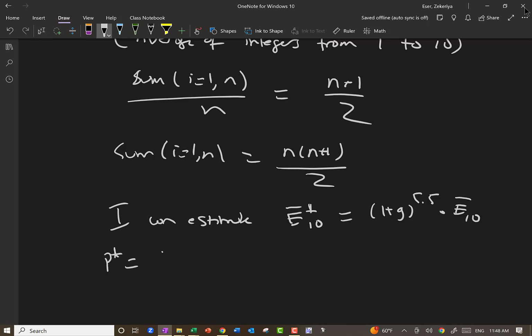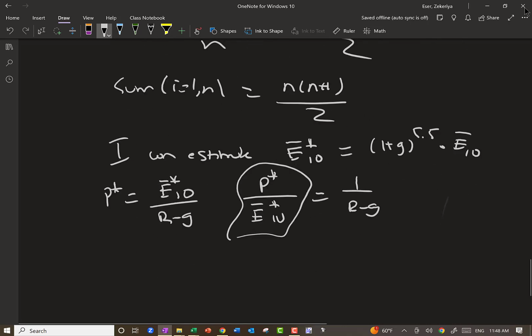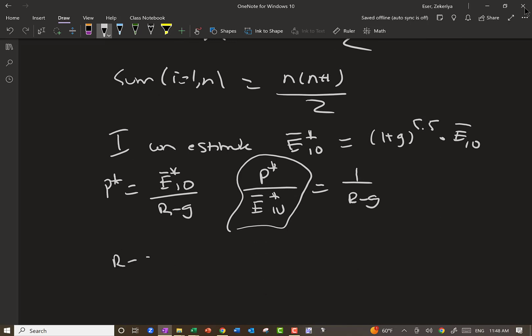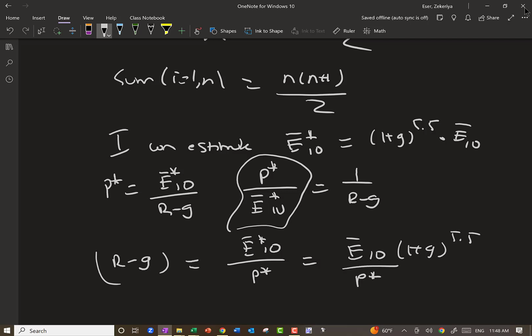If P star is equal to E bar star 10 over R minus G, then P star over E bar 10 equals 1 over R minus G, or R minus G is equal to E bar 10 times (1 plus G)^5.5 divided by P star.